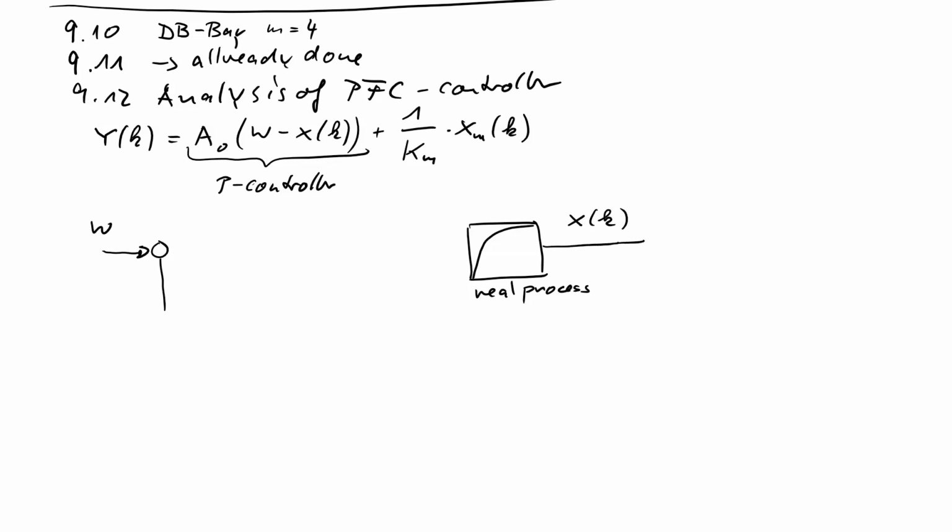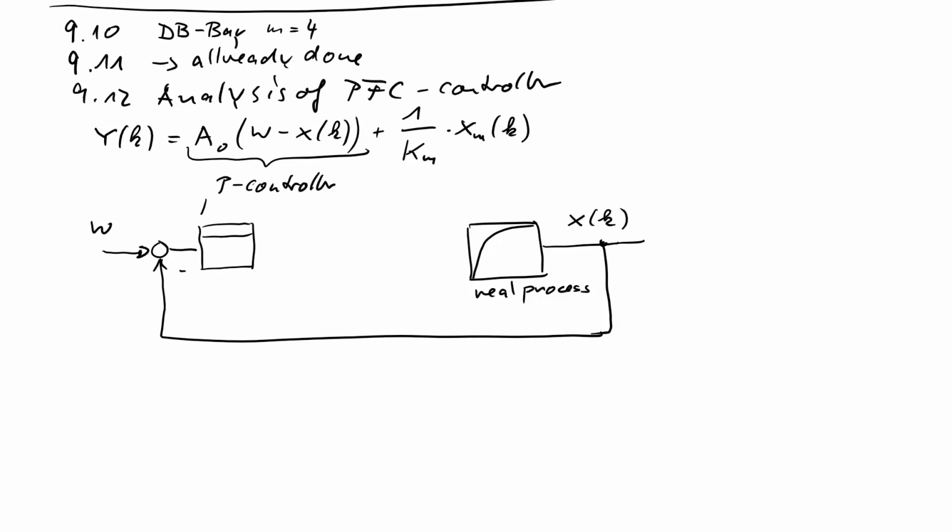We sample this, coming out of the sensor of my process, and we can close this loop. The output of the summing point with this minus sign is a control difference, and this is multiplied with a P controller with the gain A sub 0.